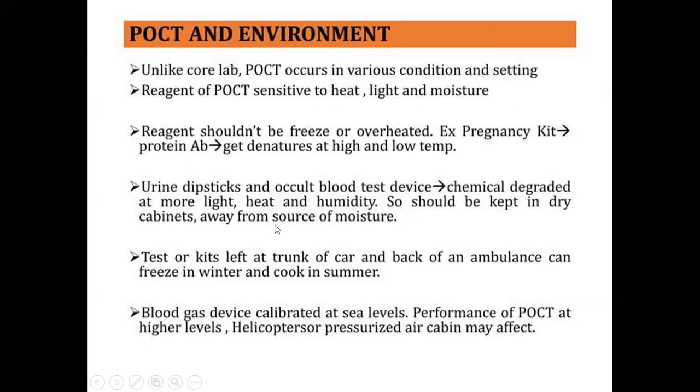In case it is a pregnancy kit, that is based upon certain hormones or protein molecules. These protein molecules, when they are heated or frozen, may sometimes become inactive, or they may be denatured if heated. So the temperature at which you store those kits is also important.